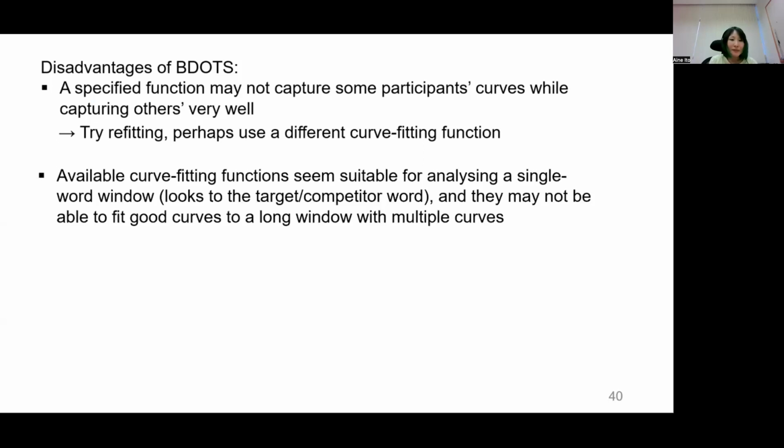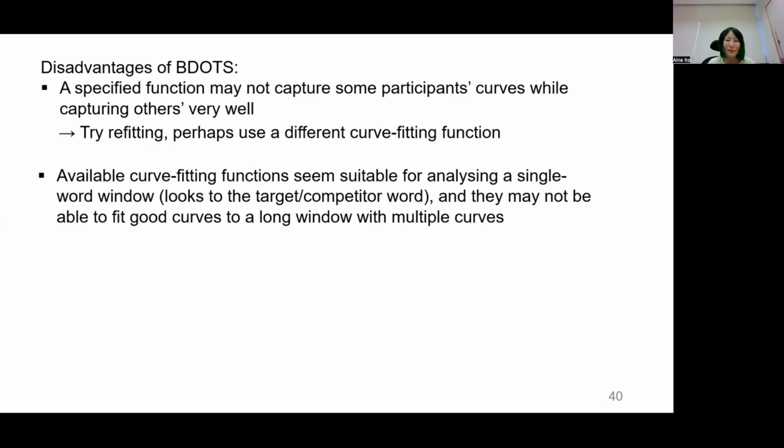The available curve fitting functions seem suitable for analyzing a single word window. So these might be suitable for looks to the target or competitor word. But sometimes you want to look at something else or a longer time window, where the fixation proportion doesn't have such a clear pattern of either just increasing or increasing and decreasing.